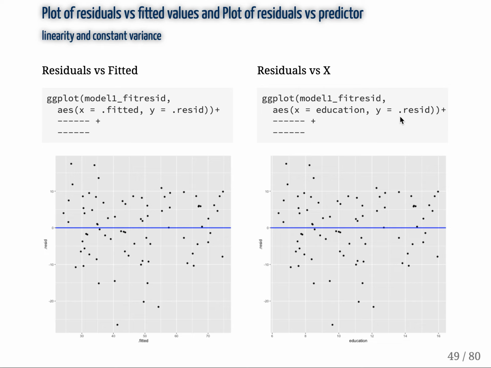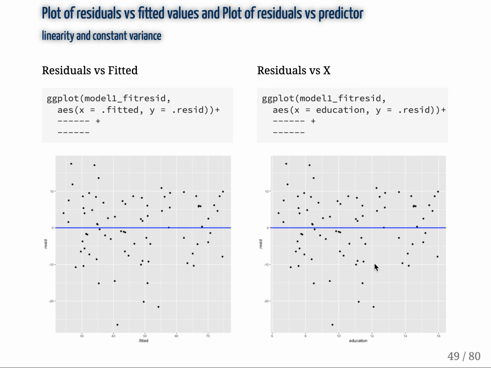In the simple linear regression case, it is not necessary to plot residuals versus both fitted value and the regression variable because both of these plots are the same. But in multiple linear regression analysis, you need to plot residuals versus predictors.